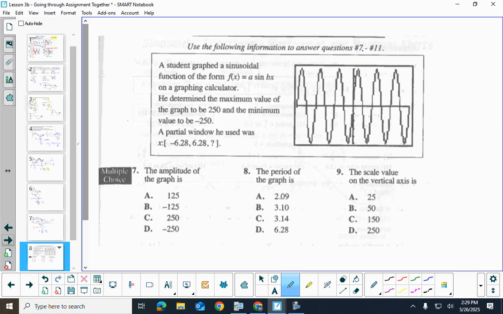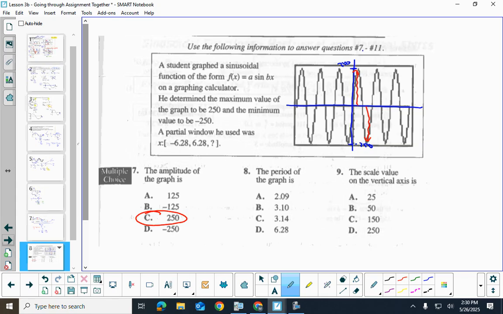So you're told that the graph has a maximum of 250 and a minimum of -250. So here's your XY axis. So the graph is going up to 250 and down to 250. So we know then that the amplitude is 250.